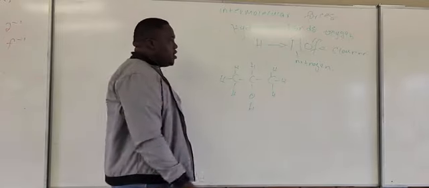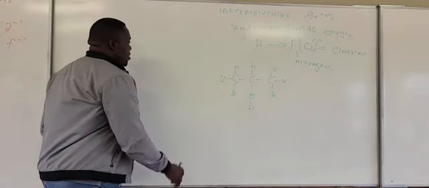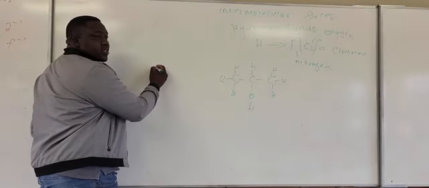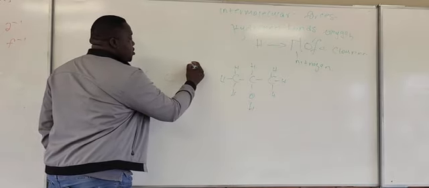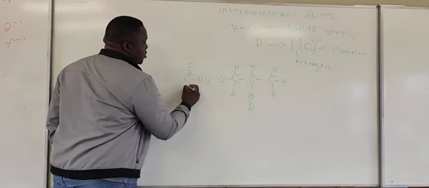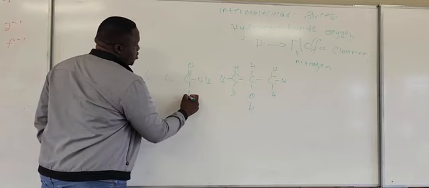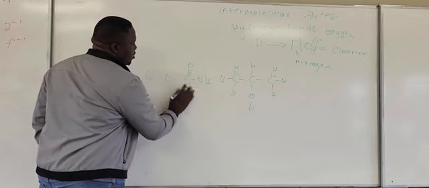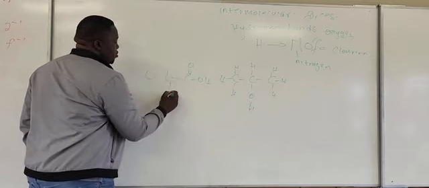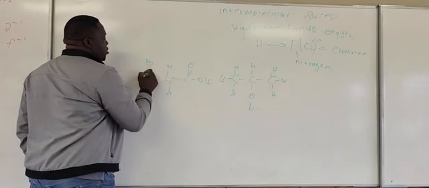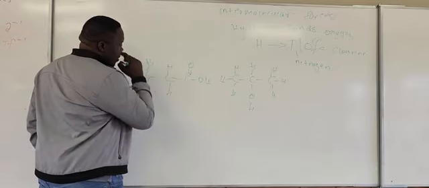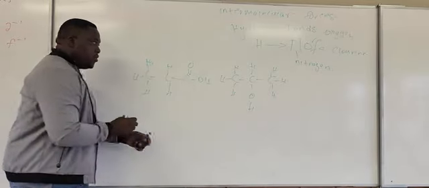Let me just give you a carboxylic acid. 1, 2, 3. I'm just giving you OH. 1, 2, 3, 4, 5. Immediately there 5, it is wrong. 1, 2, 3, 4.